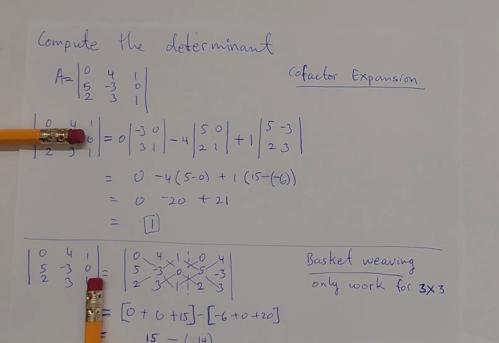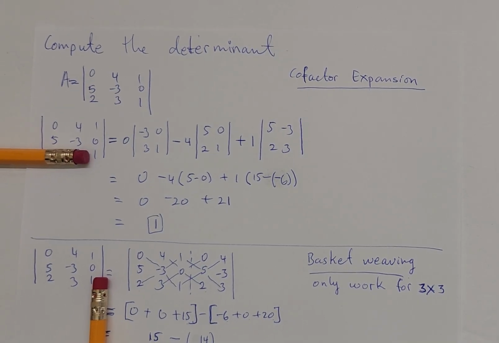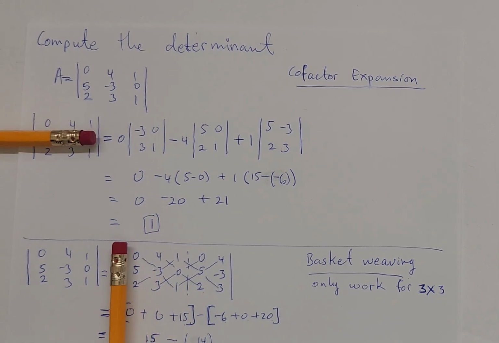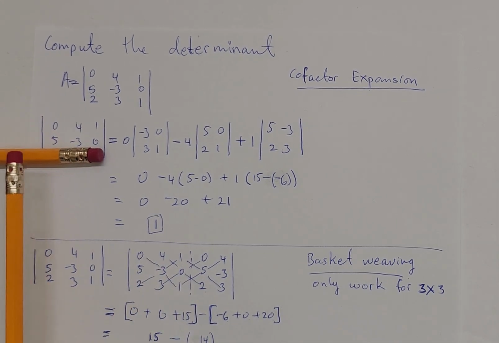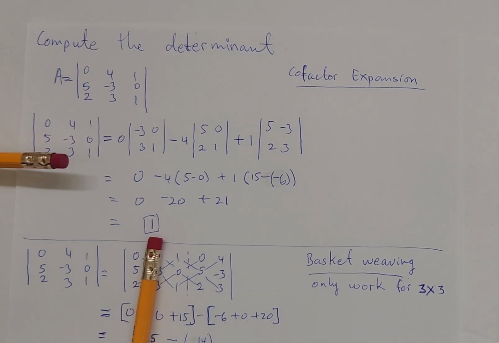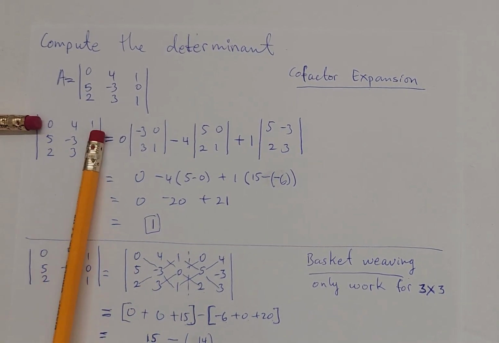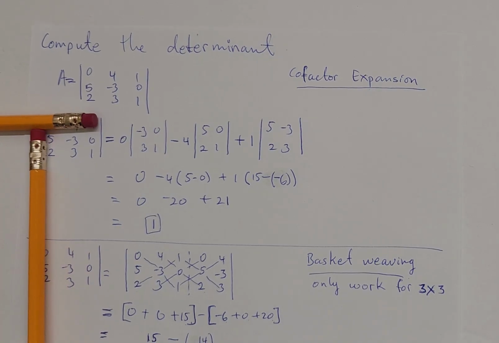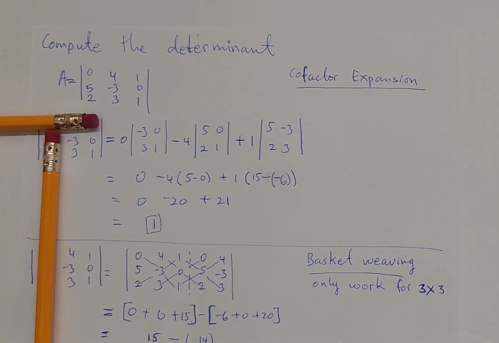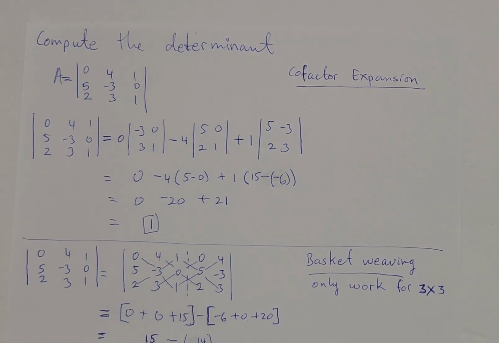Again, you can use any row and column and the answer will come out the same. For this example, I'm just going to use the first row so that you can see what the cofactor expansion method looks like. After that, you just simplify.